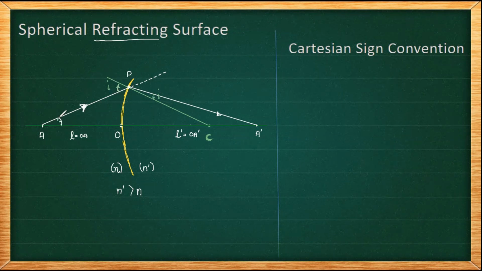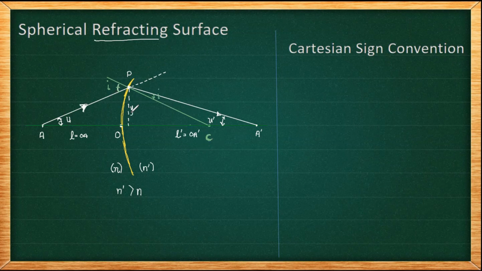We also measure this angle here and label it as U. And then here in the image space, we label that as U prime. And this height here, we'll label it as h.